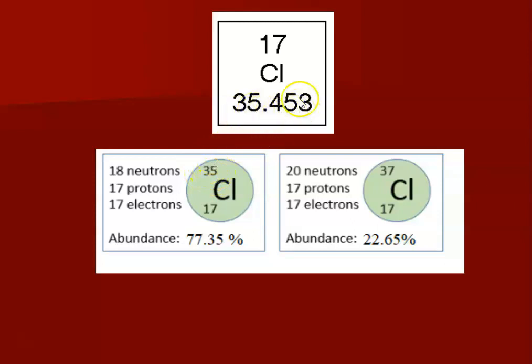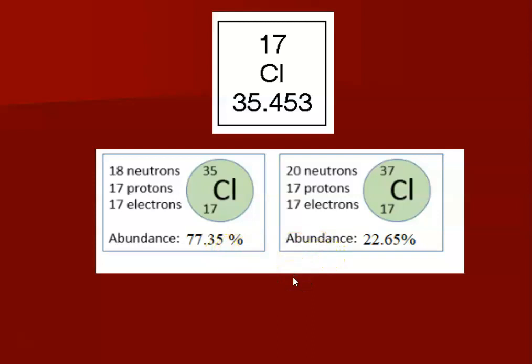So this number is a lot closer to 35 than it is to 37 because of the abundance that we know. Now, have we counted every single atom of chlorine? Absolutely not. We've just done sampling, and for the samplings, this is what we call the percent abundance.